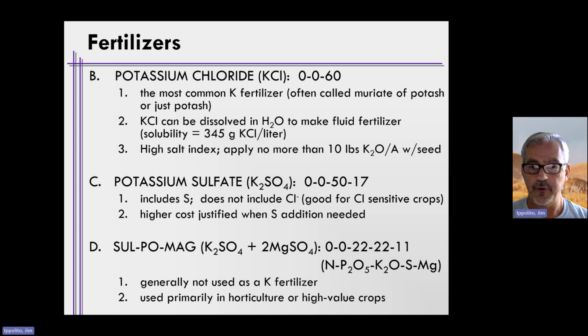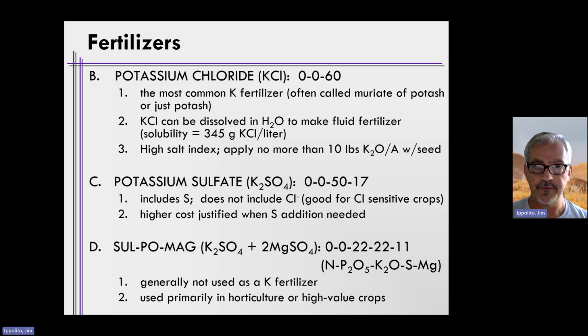This fertilizer is good if you need to apply potassium to a crop that's sensitive to chloride. And I hope we get a chance to talk about chloride later in the semester. It costs more than potassium chloride, but if you need sulfur and you need potassium, you might justify purchasing this product because it contains both.